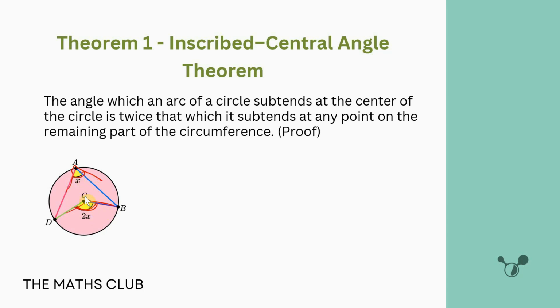Remember, it's the V and it's the V, and they both have an angle in between them. It's saying that the angle at the center, the one in between the V that's at the center, will be twice the value of the one in between the V at the circumference. One is touching the circumference, one is touching the center. Same thing too.